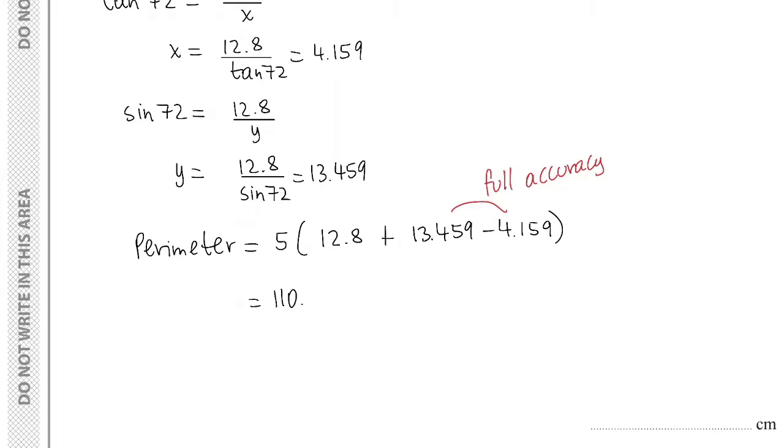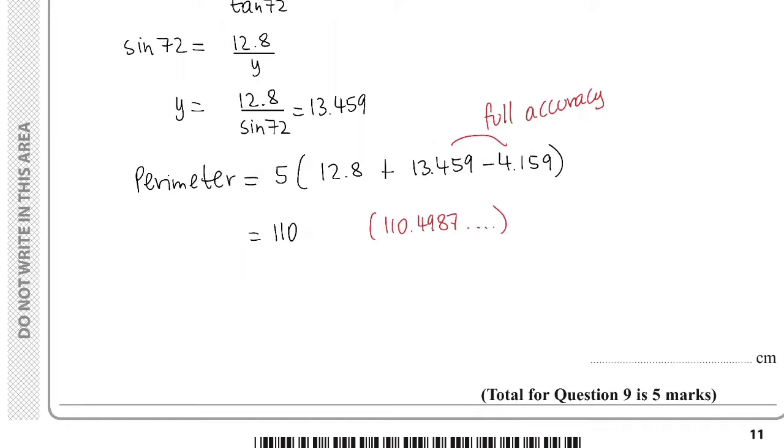Now you have to be really careful because if you do it exactly, just like I did on my calculator, it was 110.4987. So you can see how easy it is just for not using full accuracy to run the risk of rounding to 111, which will be penalized with a mark. So the answer is 110 centimeters.